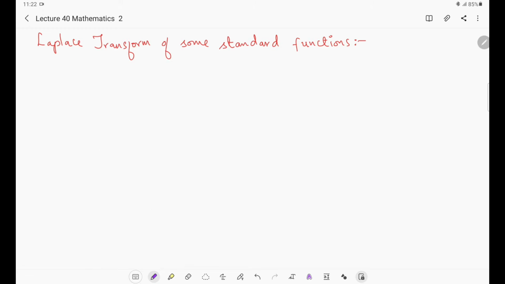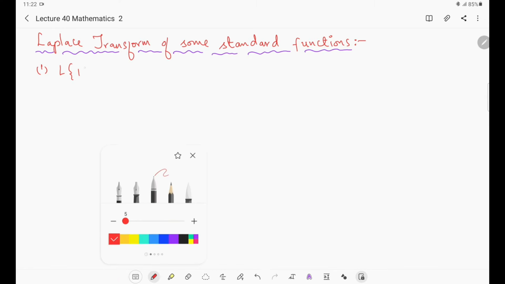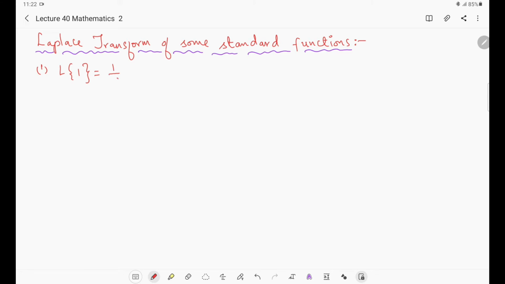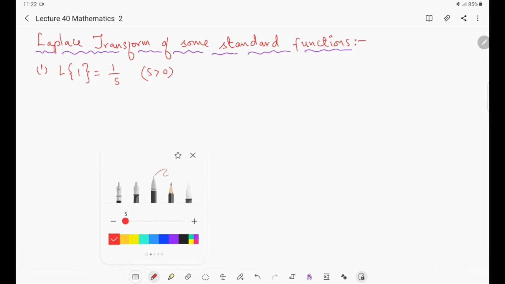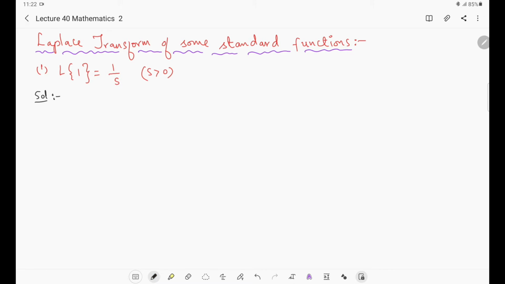Right, this is the side heading. Out of that, the first standard function is Laplace transform of 1. It says that Laplace transform of 1 will be 1 by s provided s greater than 0. Now we will prove how the Laplace transform of 1 will become 1 by s.